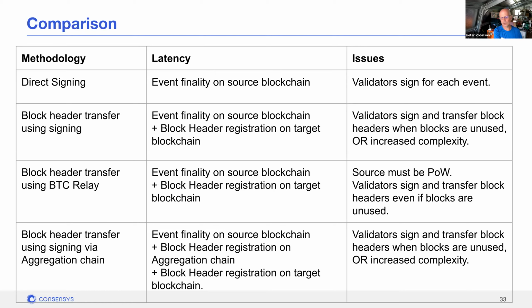You've got to wait for the source chain and the target chain. But on the other hand, if you're going to be doing lots of transactions between chains, the block header transfer using signing could be good, and using an aggregation chain would be good if you've got a huge cluster of blockchains and they're sending transactions to each other all the time.